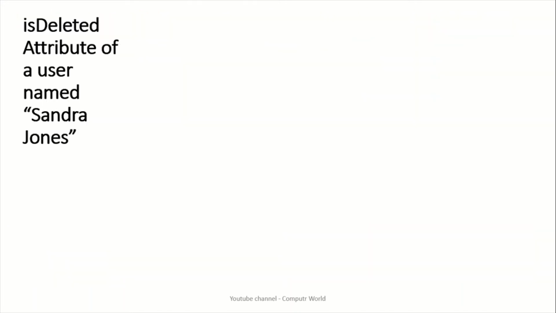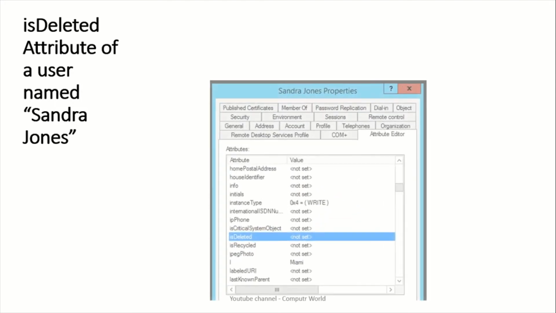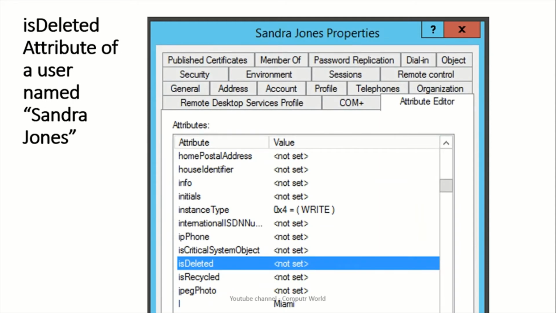So let's understand the is deleted attribute of a user named Sandra Jones. Over here I've opened up the properties of the user Sandra Jones, and we have clicked on the attribute editor tab at the top, and we can see the is deleted attribute for Sandra Jones right now is not set.